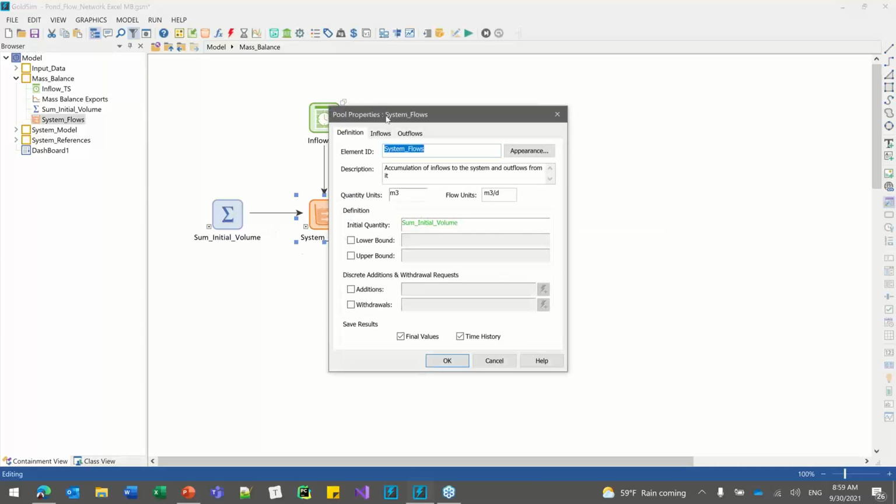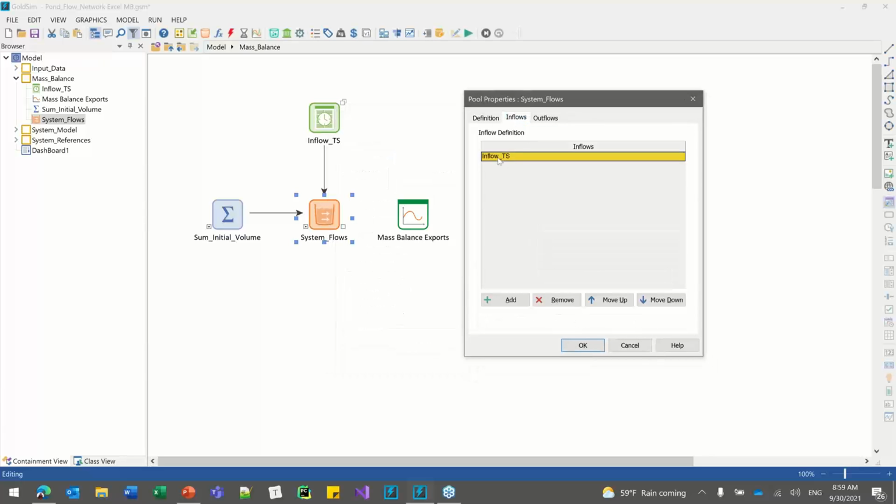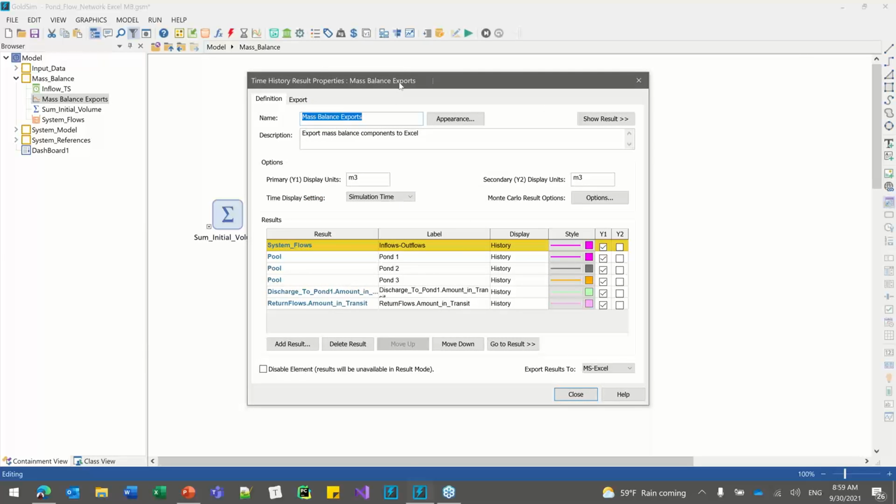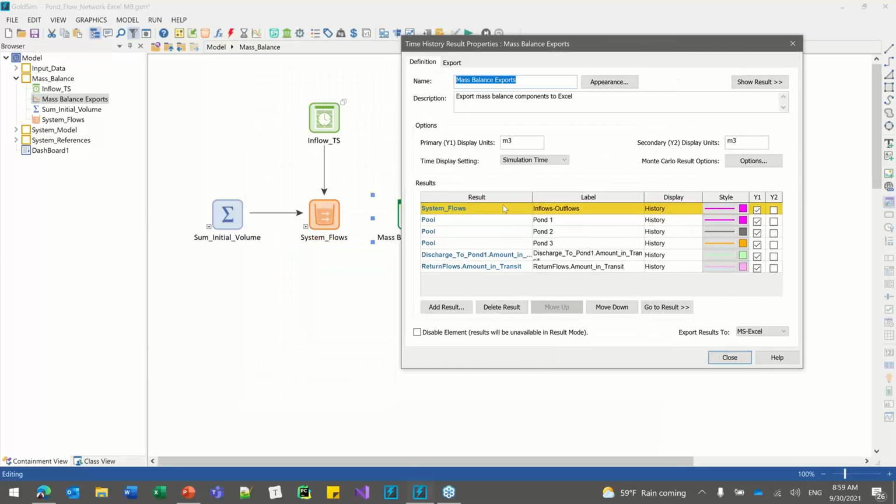I just added this pool element so that I could find all the inflows to the system and all of the outflows from the system. And then I just have to link that thing called system flows right here and send that out to Excel, including all the references to the various ponds and the material delays.